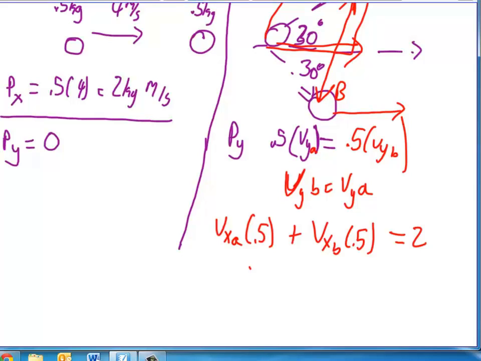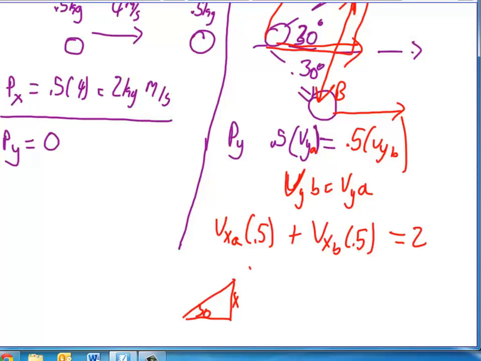Since vyb equals vya, these are both similar triangles, right? Since this side equals the other side, these are similar. So basically, vxa and vxb are equal.